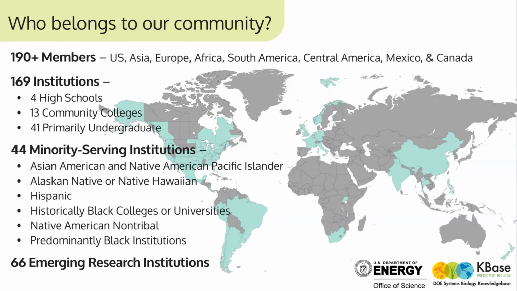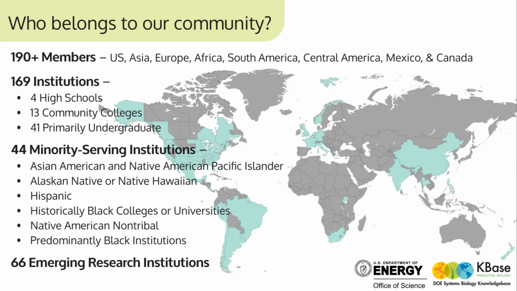Yeah, but right now there are almost 170 institutions. We have everyone from high school instructors and instructors at community colleges, to primarily undergraduate institutions, as well as quite a few minority serving institutions and emerging research institutions.